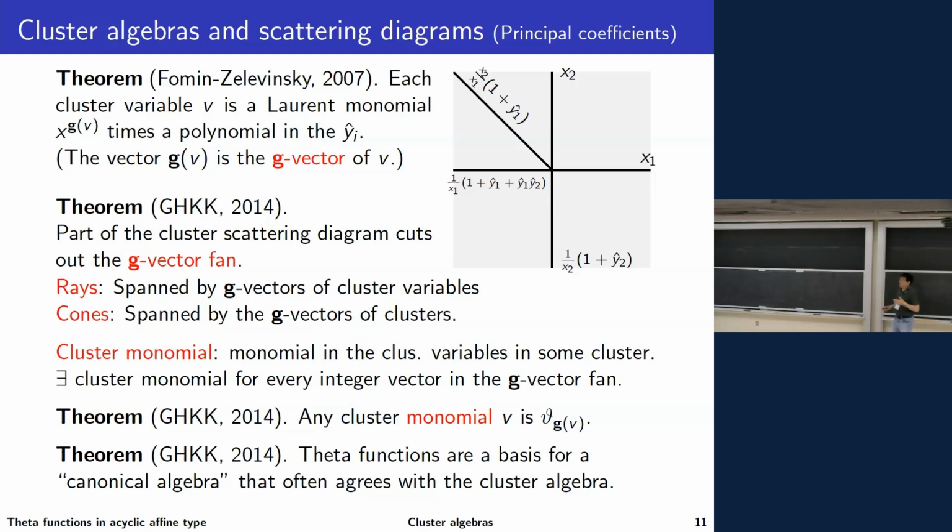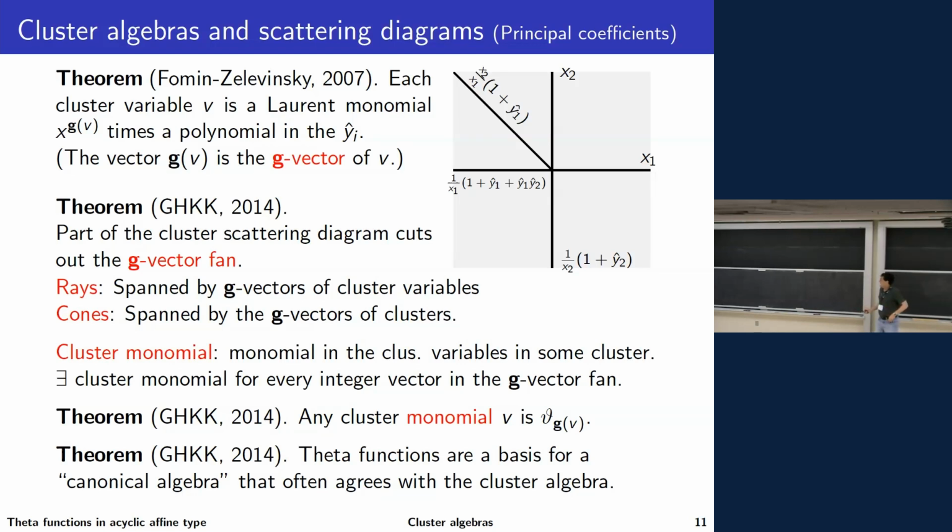And what's the g vector fan? Well, you've got all these cluster variables, and each one has a g vector. So let's let each g vector span a ray, and then the cluster variables come in groups of n. Let's take the n cluster variables, their g vectors, and let the non-negative linear span of those vectors be a cone. Put all those cones together. It was a conjecture for a while, and really became a theorem with this GHKK paper, that it was always a fan.